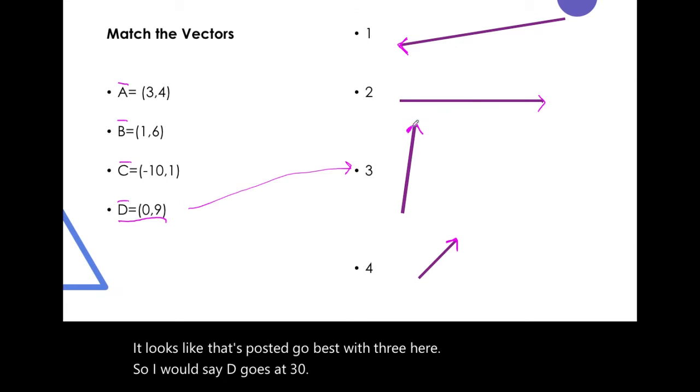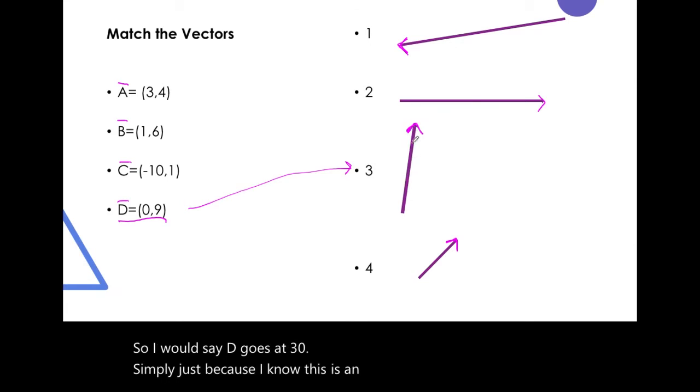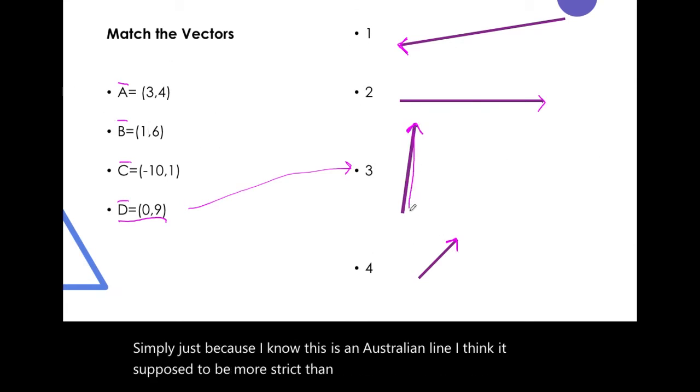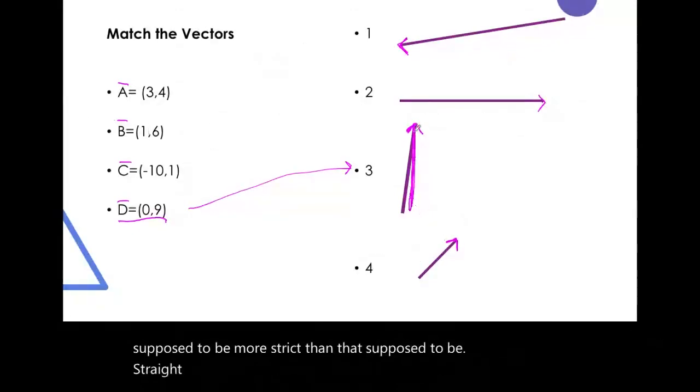I know this isn't a straight line, and I think it's supposed to be more straight than that. It's supposed to be a straight line. So that's obviously 0, 9, right?